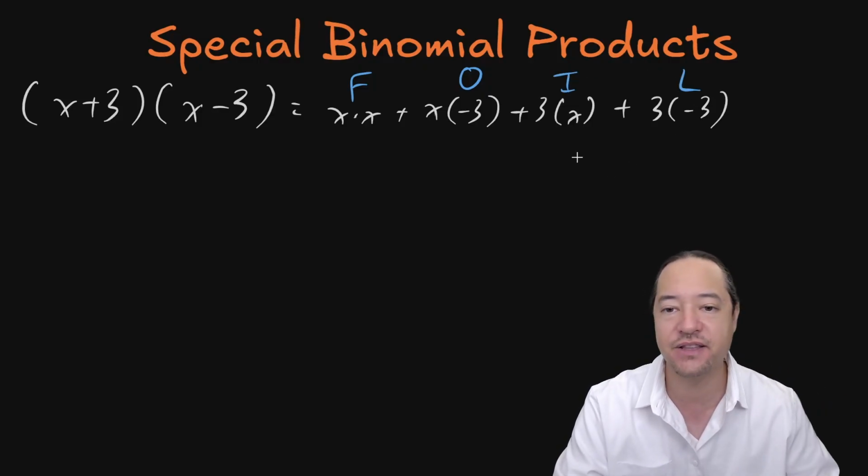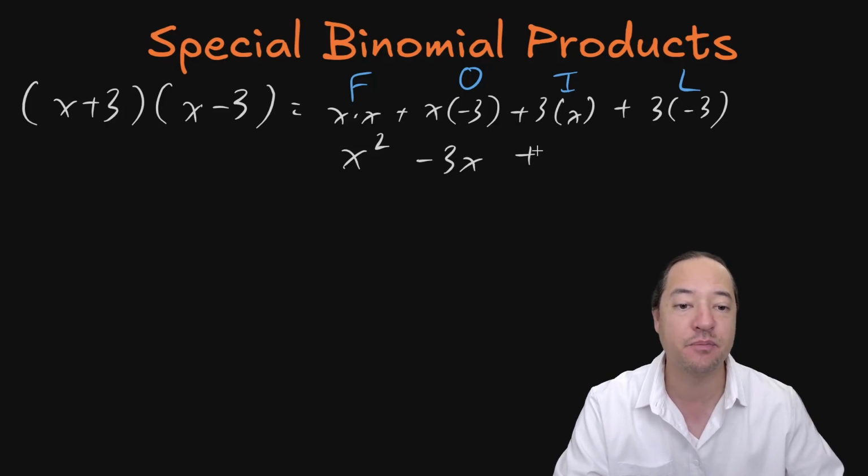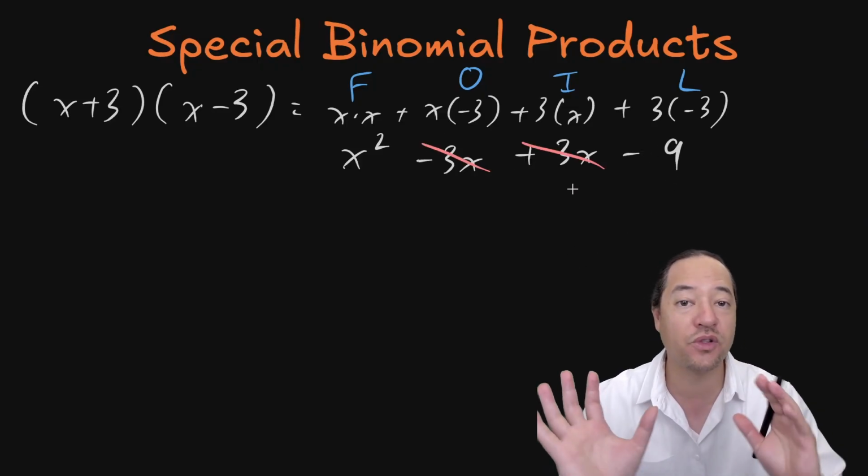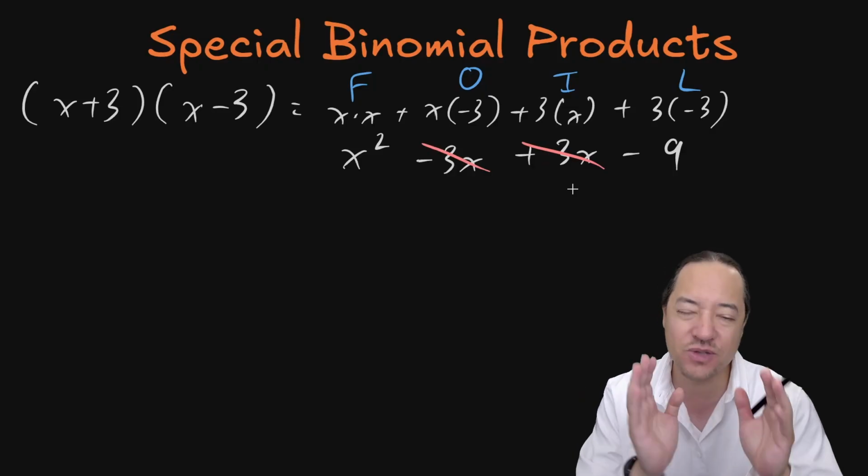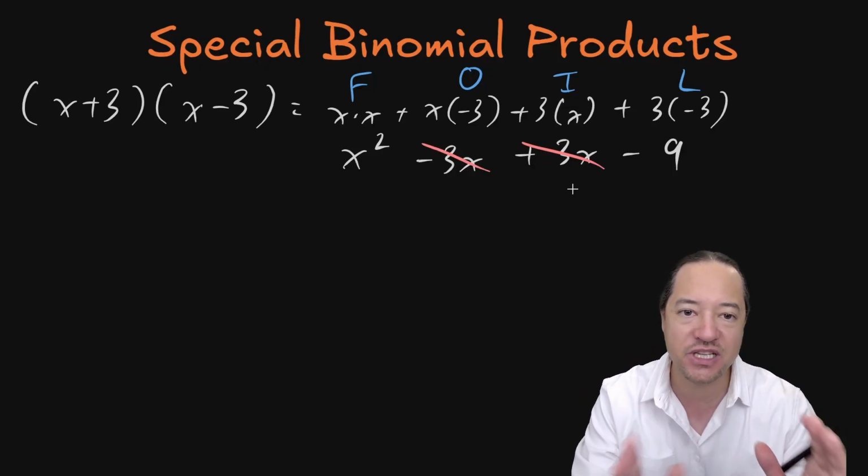Now let's simplify this. What do we get here? Well, this will become an x squared. This will become a minus 3x. This will be a plus 3x, and this will be a minus 9. And notice that the minus 3x and the plus 3x are going to cancel away, okay? And that's always going to happen with this pattern.